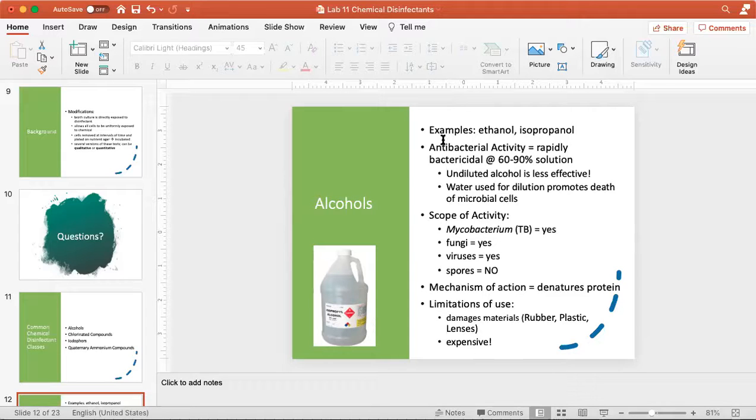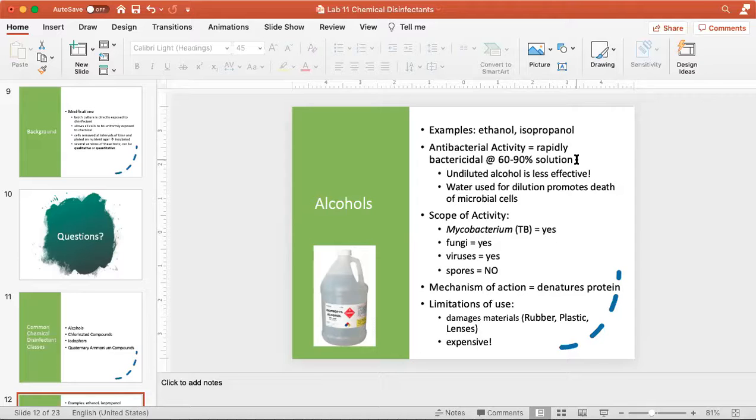Now, alcohols have a really nice characteristic that I've listed right here. They are rapidly bactericidal at 60 to 90% solution. Remember when we talked about aseptic technique earlier in the semester, and we talked about cleaning off our workspaces, we said that you don't want to use alcohol full strength. It actually works better when it's diluted.